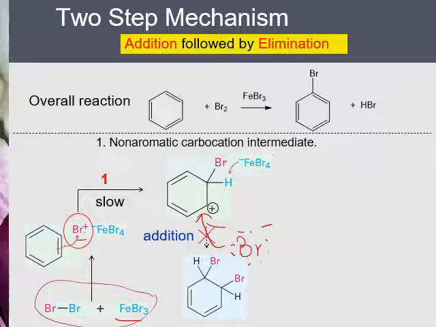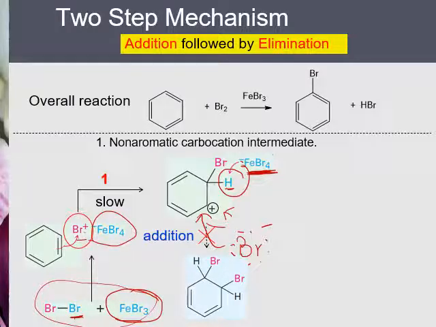The hydrogen adjacent to the carbon cation is deprotonated by a base, and this base is generated in the activation step. The catalyst combined with bromine forms iron tetrabromide with a lone pair of electrons. So this is a base that deprotonates the hydrogen adjacent to the carbon cation.